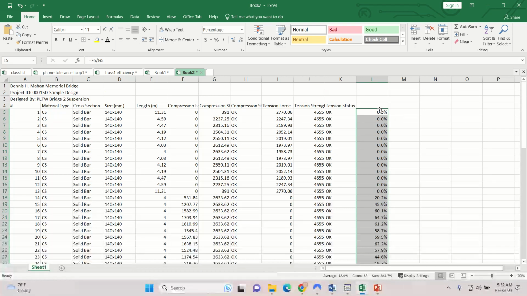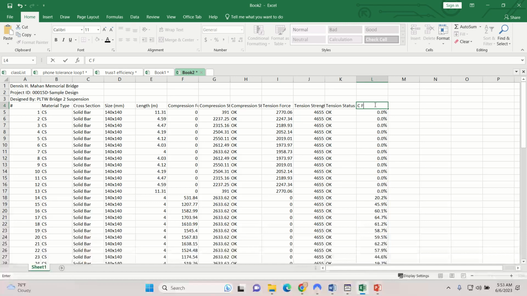I do the same thing. I'm going to call this CF over S, so I remember what's what. And this will be tension force divided by strength. I do the same thing here. Enter. Tension force divided by tension strength, enter.